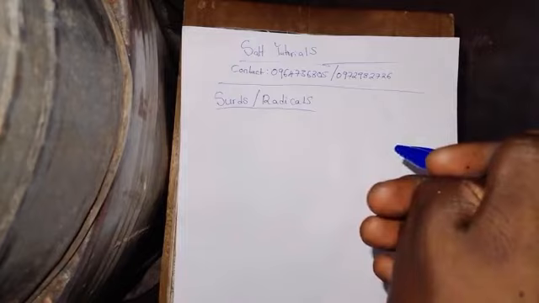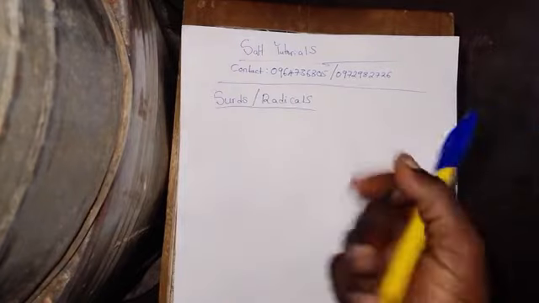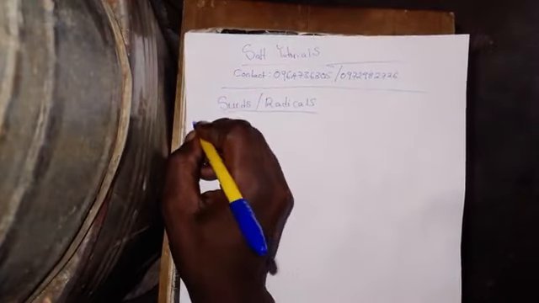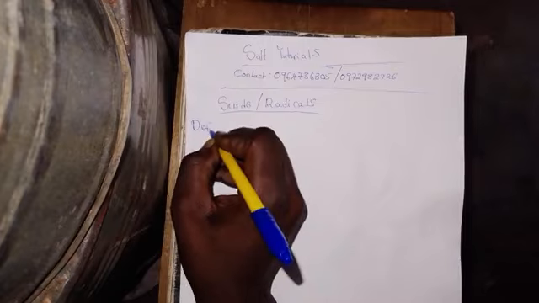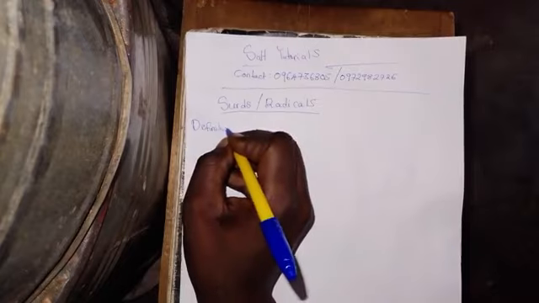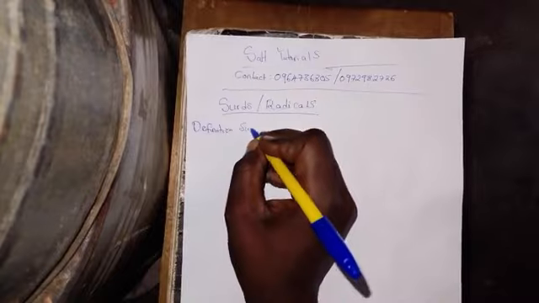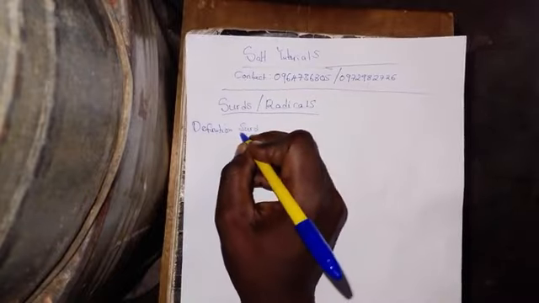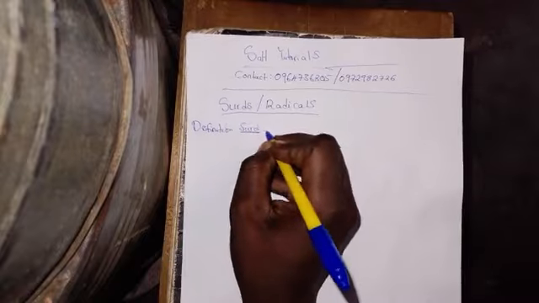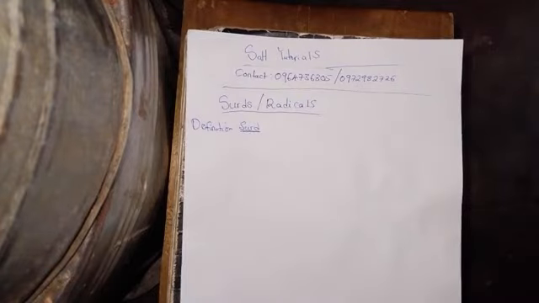Okay, so let's go into business by looking at the definition of a surd. We can try to define it in simple terms so that every one of us can understand this term. What is a surd?